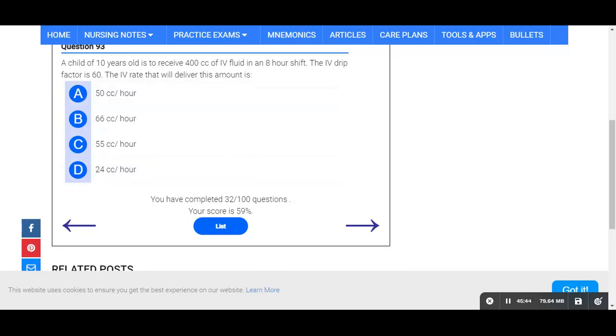So 400, and we multiply it by 60, and we divide it by, okay, so it's 24,000. So 24,000 divided by 8.